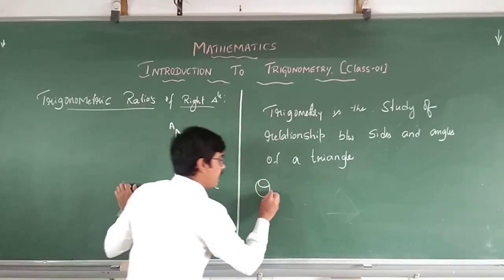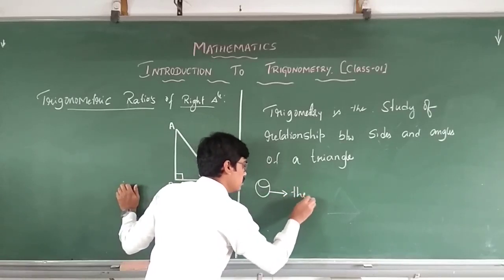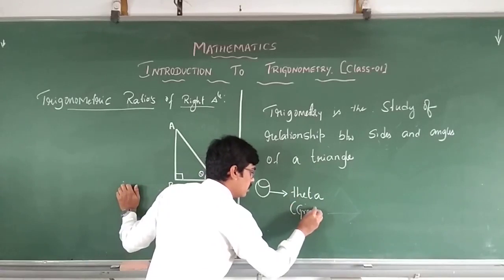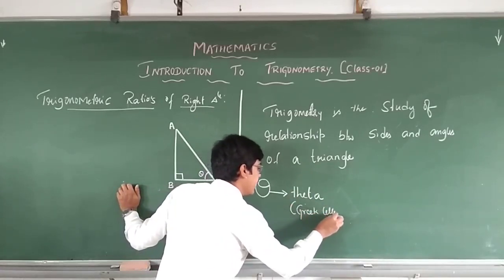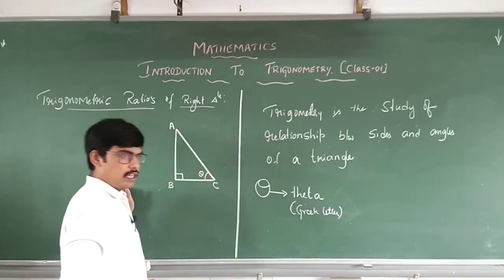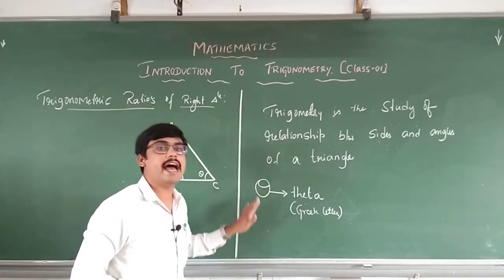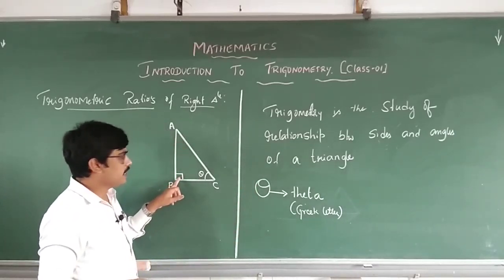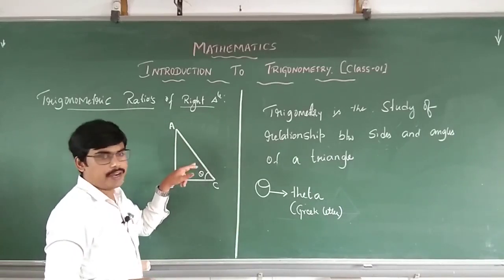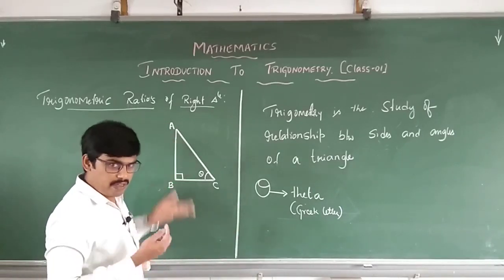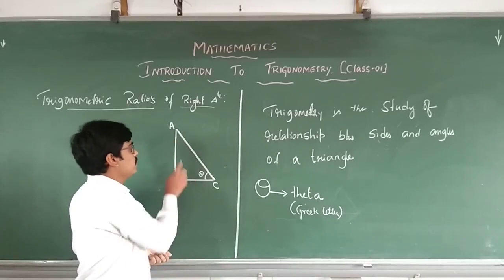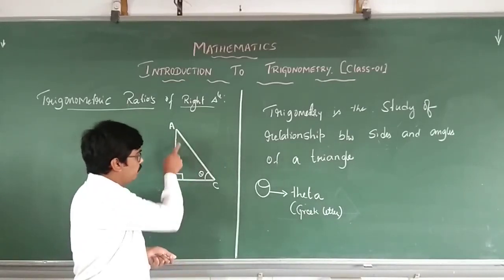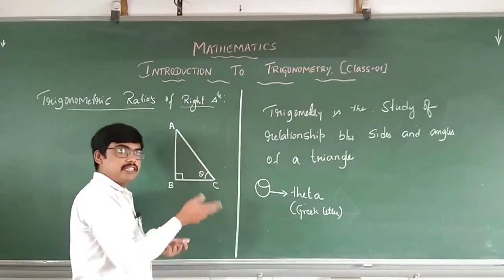This is called theta, a Greek letter. It is the letter to denote angles. Especially in a right angle triangle we have only acute angles. Since one angle is 90, and the sum of the three angles is 180, the sum of the remaining two will be 90. Both must be less than 90, because together they make 90, so each is less than 90.